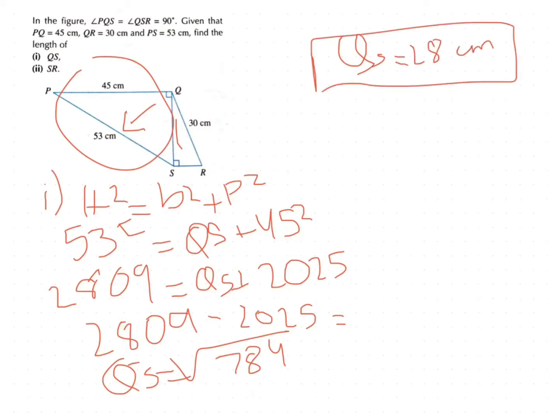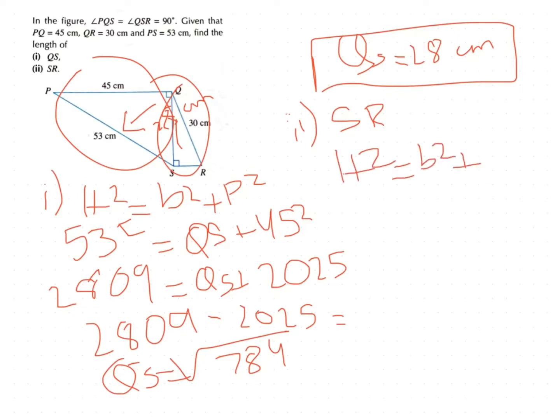Now for the value of SR, we would be referring to the second right angle triangle. As we know the value of QS, it will be easy to find the answer. H square equals B square plus P square.